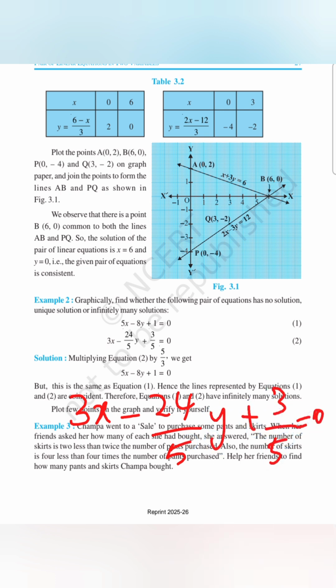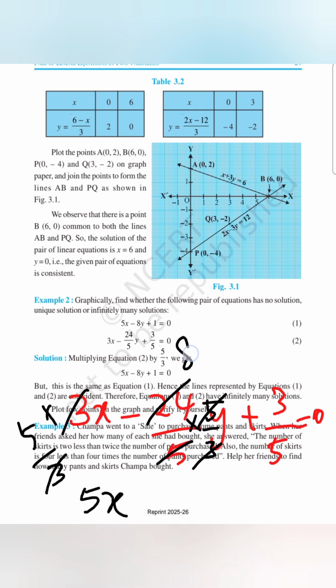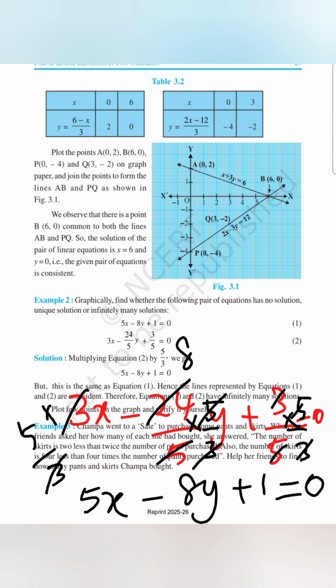So here multiply by 5 by 3. 3 and 3 get cancelled. You'll have 5x here. Here also into 5 by 3, 5 gets cancelled, and 3 and 24 will get cancelled. You'll get 8 here, so minus 8y. And here it becomes 1 as I said before. So this becomes 5x minus 8y plus 1 is equal to 0, which is equal to the first equation.